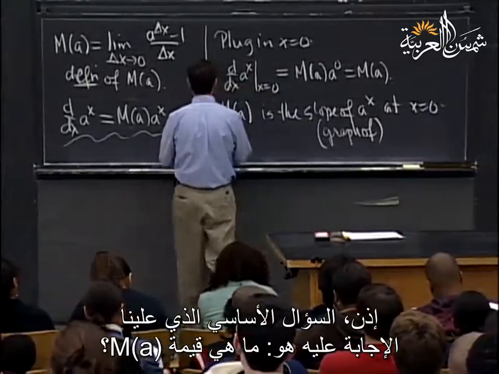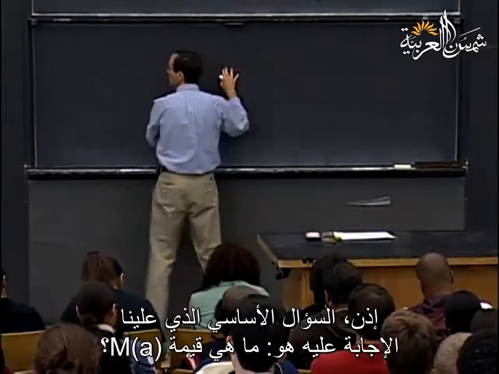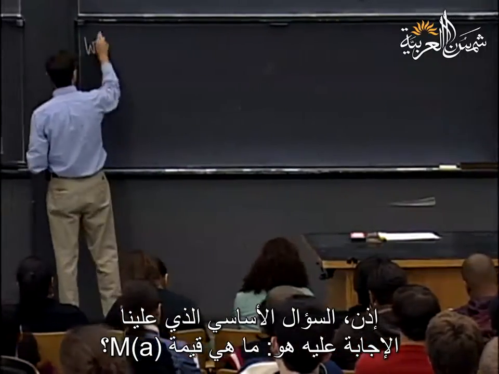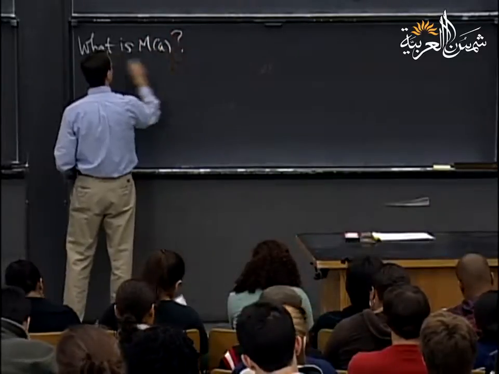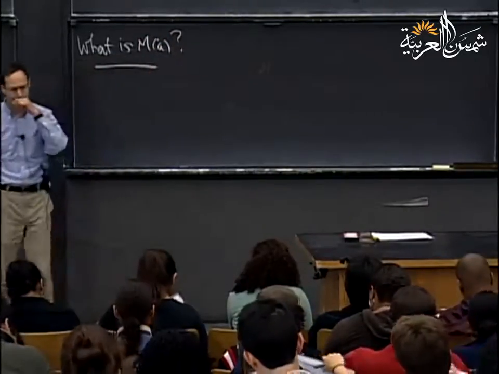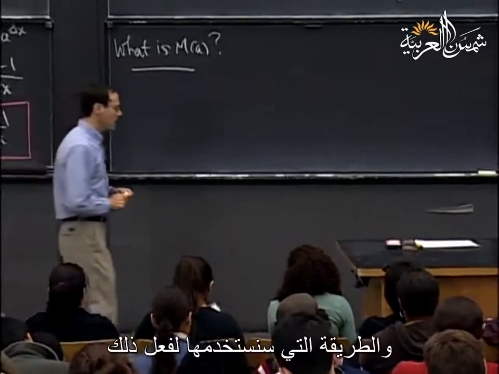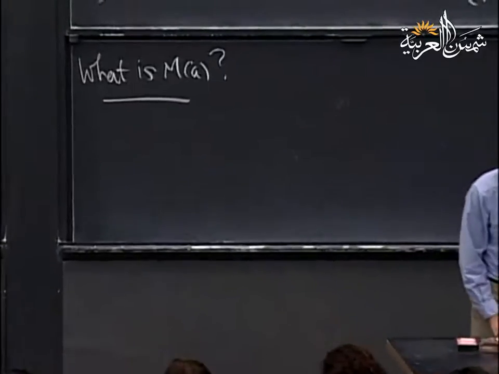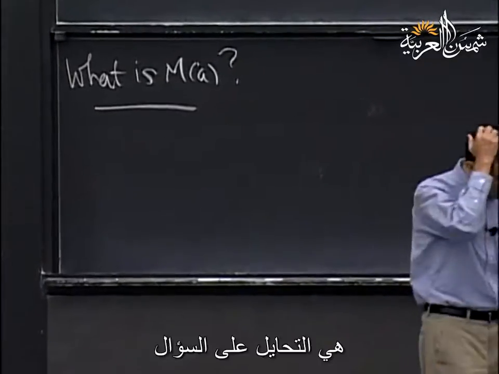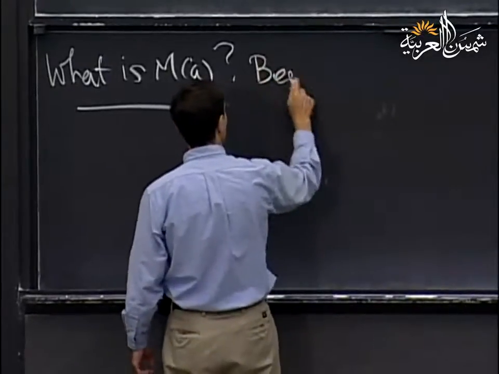So the basic question that we have to deal with right now is, what is m of a? That's what we're left with. And the curious fact is that the clever thing to do is to beg the question.